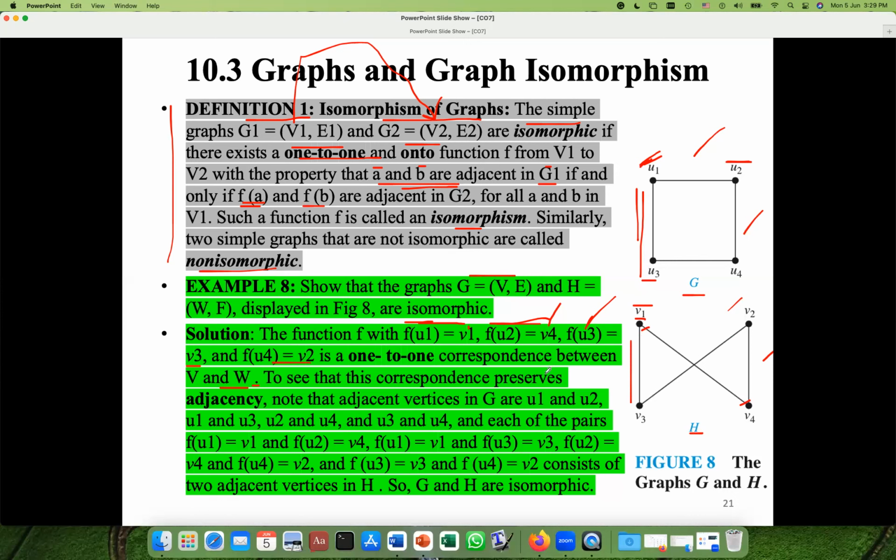In graph G1, you have U1 and U2 connected, U2 and U4 connected, U3 and U4 connected. So all these connections you now have to check here, and also the same here, because now you have been given the images.